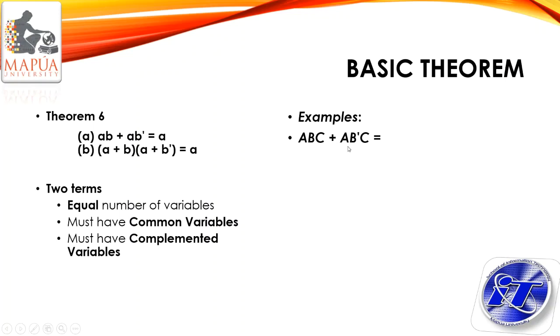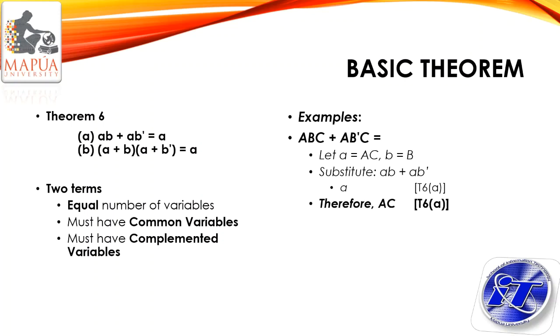Therefore, theorem number 6 could be implemented. So let A be equivalent to AC, B equal to B. Substitute. We have AB plus AB not, form A. Therefore, it is equivalent to A, which is AC. So this is our final answer.